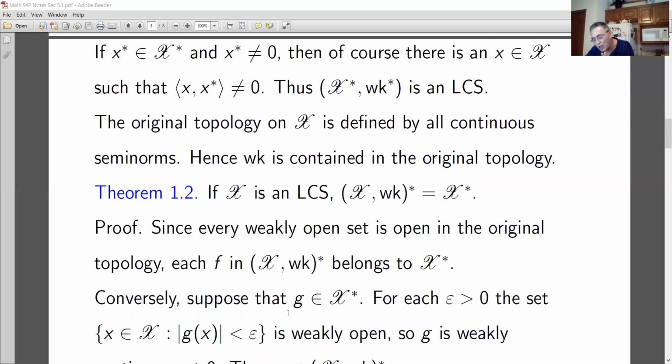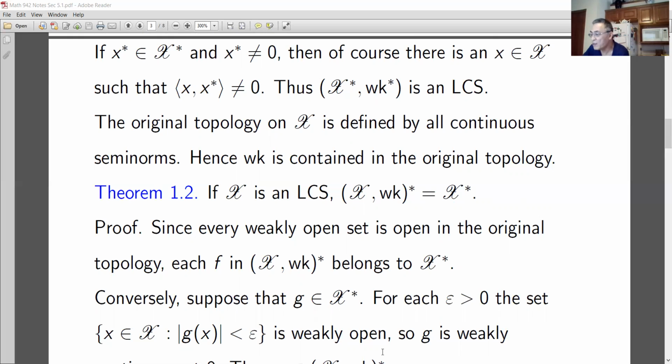So it is open in the weak topology. This is just because the absolute value of G, by definition, is one of the seminorms defining the weak topology.